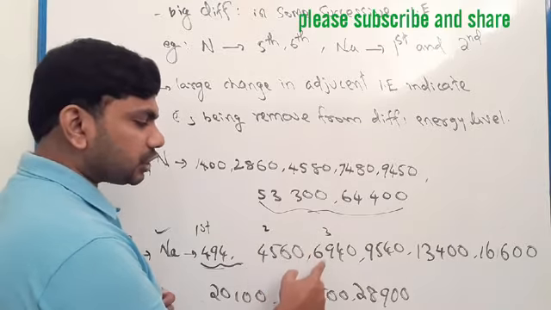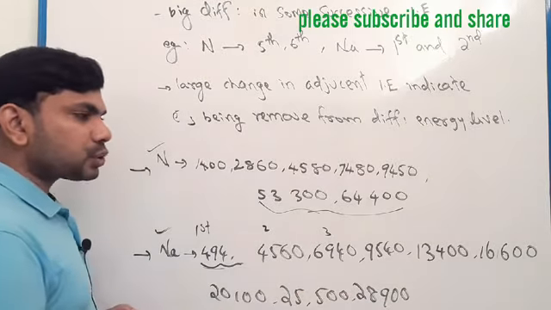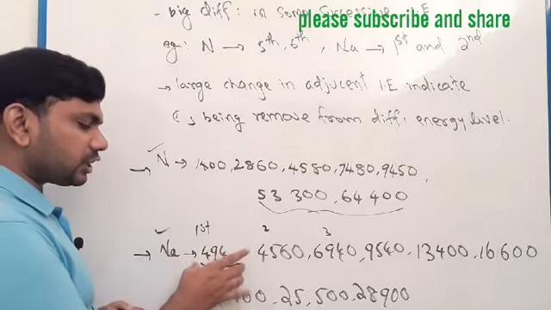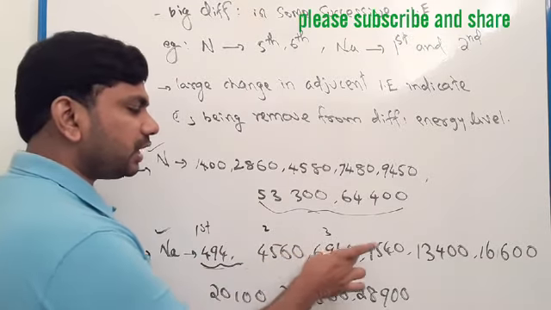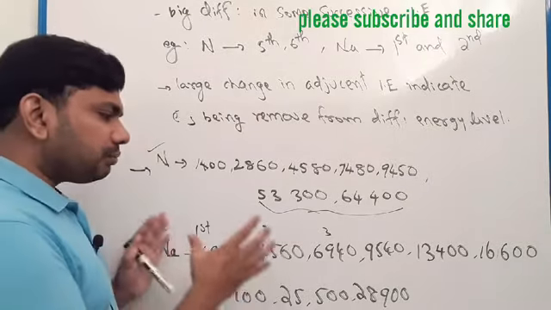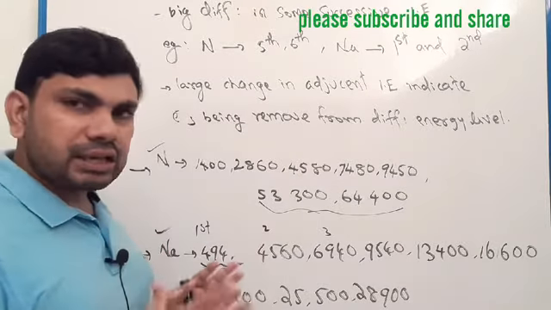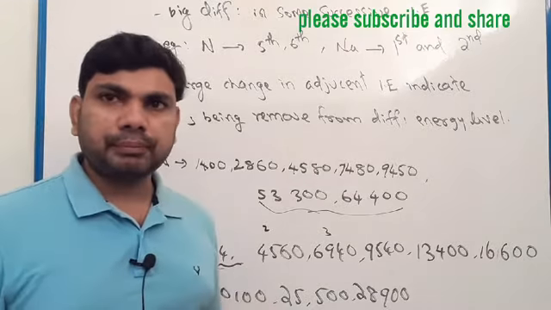Third ionization energy 6940. So here first ionization energy less than second ionization energy less than third ionization energy. Okay, so from this type of successive ionization energy we will get many information.